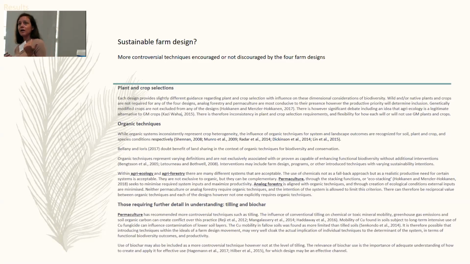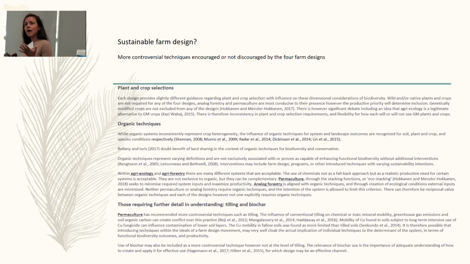The inclusion of GM crops is one point where permaculture can occasionally be a bit lax, and so can agroecology. In some people's opinion that's more realistic maybe. In other people's opinion, they would say that's not acceptable. So that's just something questionable about sustainable farm design.